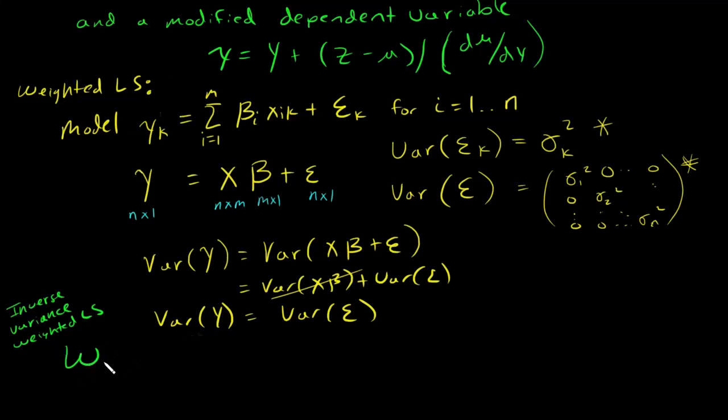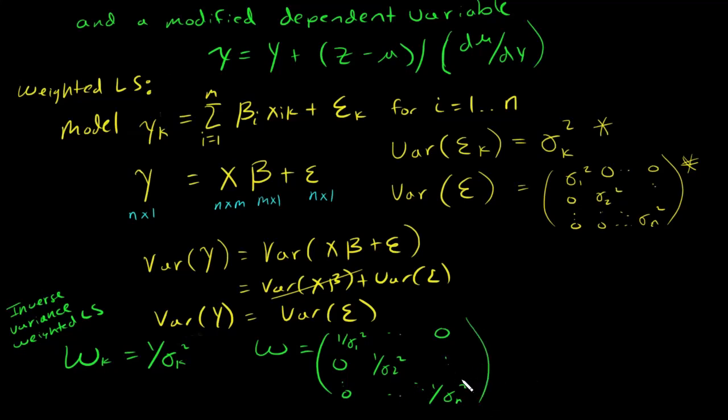And what this one does, for k, is take the weight equal to 1 over the corresponding variance. So written in matrix notation, this would be 1 over sigma 1 squared, 1 over sigma 2 squared, all the way to 1 over sigma n squared, and then 0 in the off diagonals.